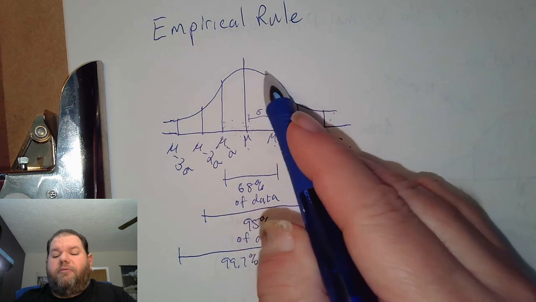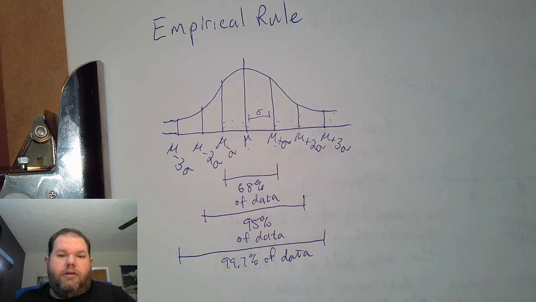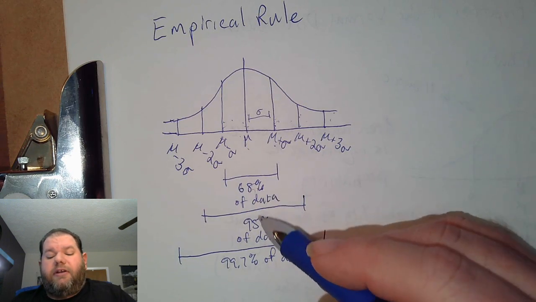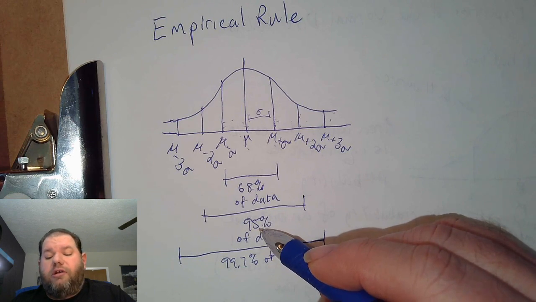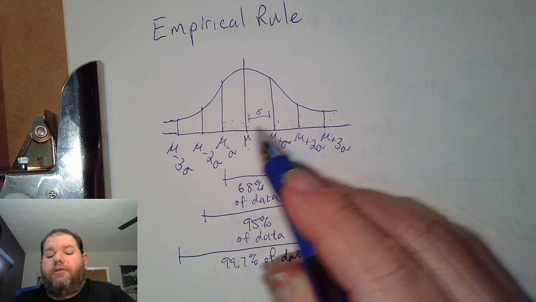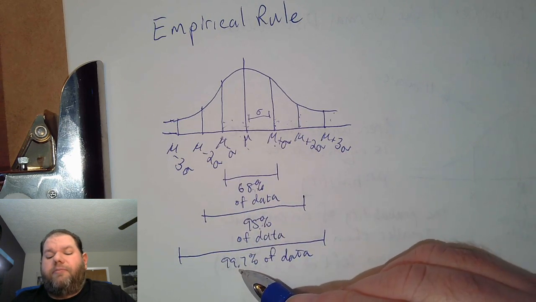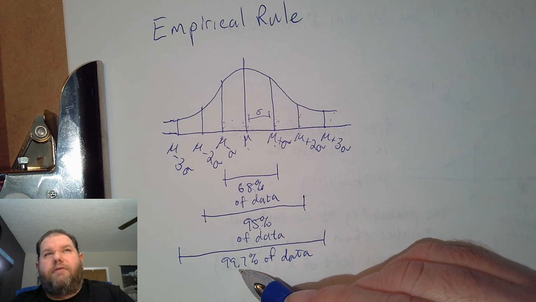It should actually be a little bit more drastic of a curve, but I wanted to draw a nicer curve, I guess. We get from 68 to 95. That's an additional 27%. So there's 13.5% here, 13.5% here. 95 to 99.7 gives us 4.7.